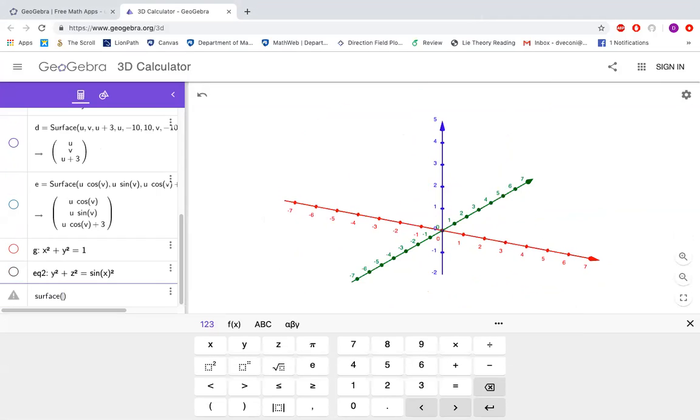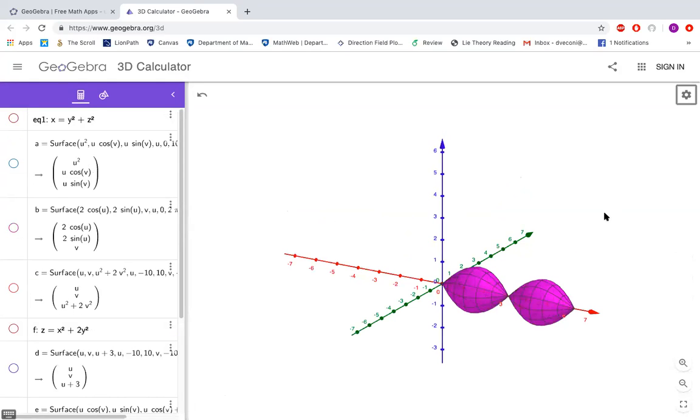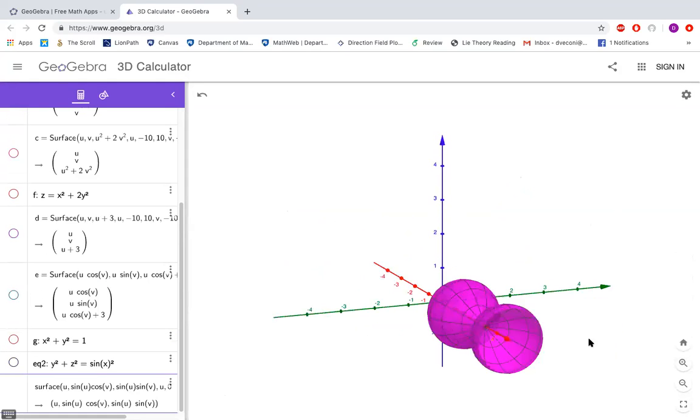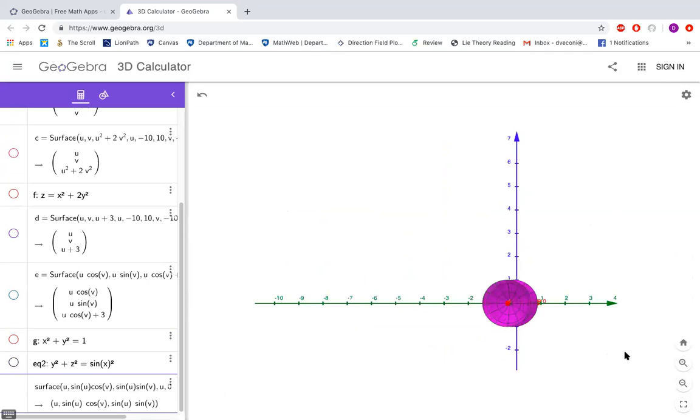We'll still see if we can make the surface work. So x is just u, y is sine of u times cosine of v, and z is equal to sine of u sine of v. Well, now u is going from 0 to 2 pi, and v is going from 0 to 2 pi as well. Voila.